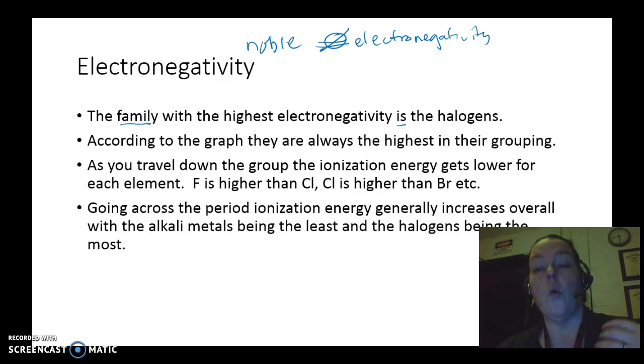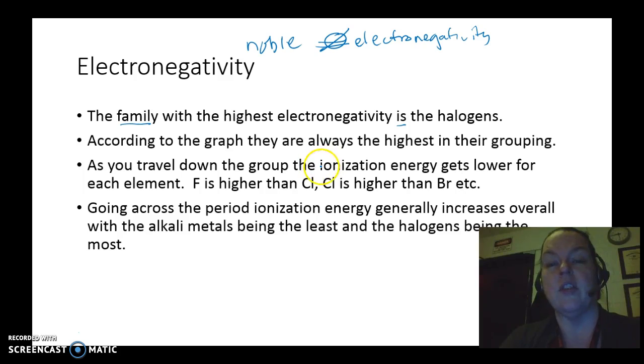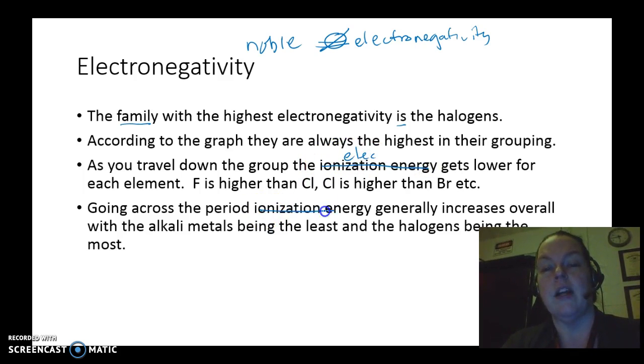So if we look at this, which element on the periodic table has the highest electronegativity overall? Well, we've got to look. The family with the highest electronegativity are the halogens, so we're looking there first. Then we have to look: as we travel down the group, what's happening? The electronegativity, I'm sorry, there's a mistake here. This should say electronegativity. So should it right here. Sorry about that.